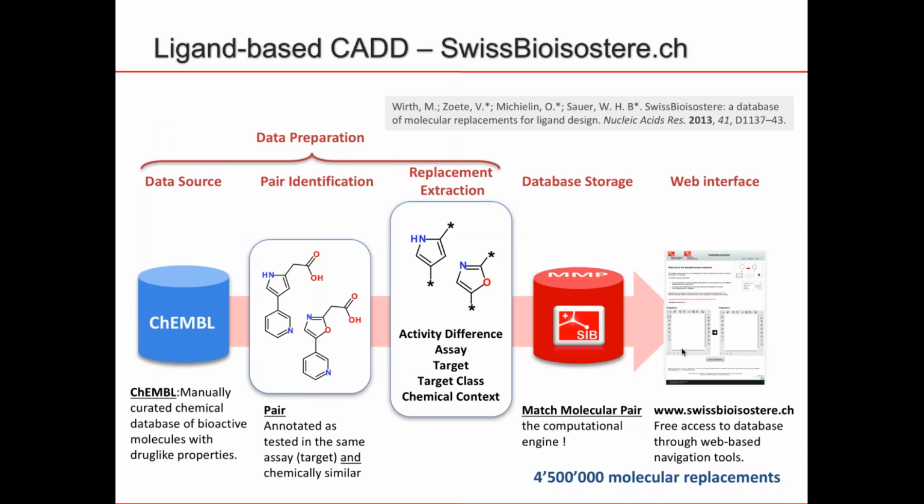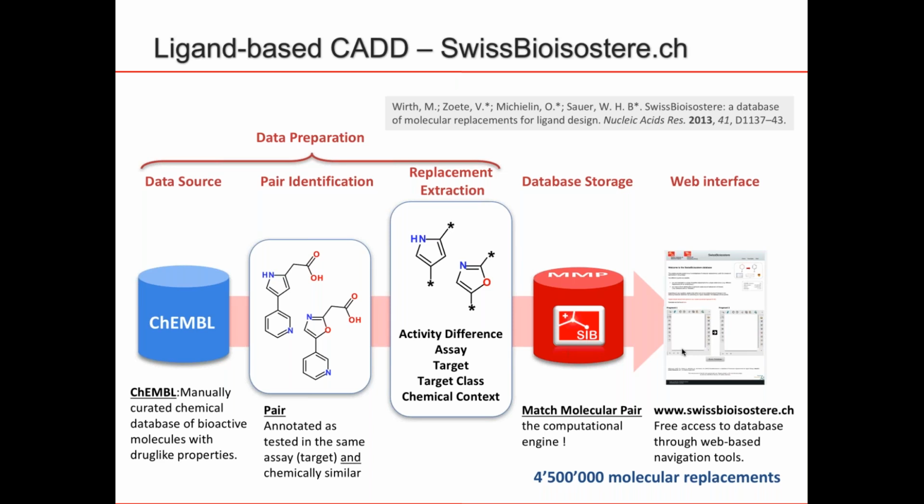For this, we started from what you see here on the left of this slide, which is a library of bioactive molecules. We extracted all pairs of molecules that are similar, that are active on the same target, tested in the same assay by the same team, published in the same paper. When we find such a pair of molecules, we can extract, using different algorithms, the difference between those molecules that you can see in the middle here.